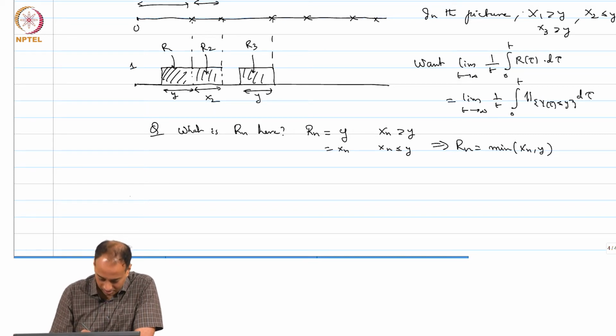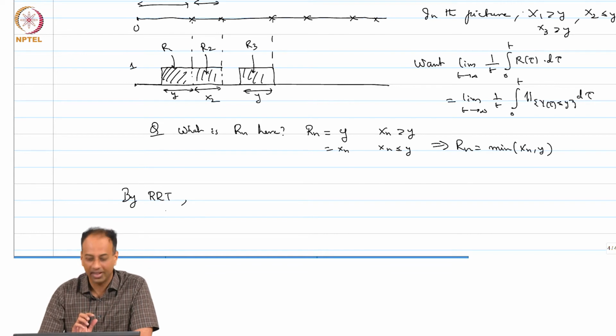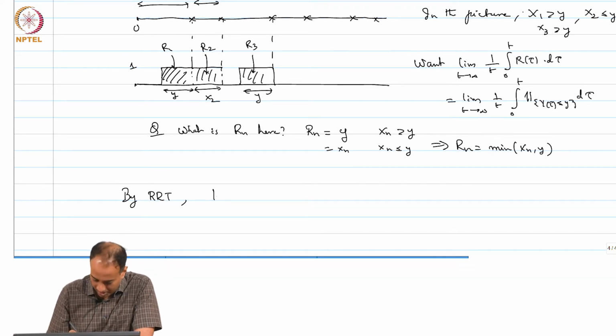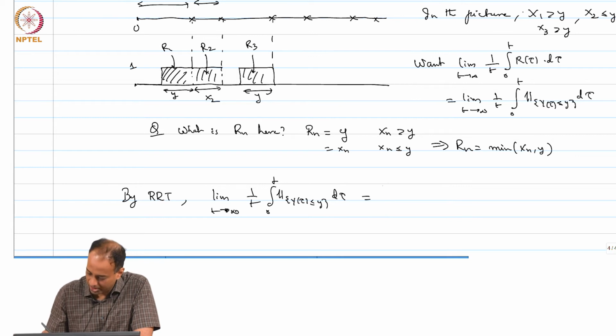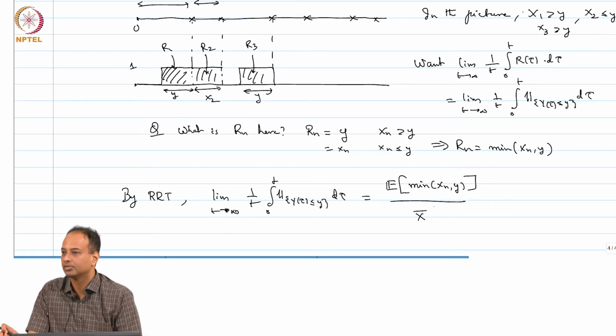So, thus by RRT, the Renewal Reward Theorem, I have the answer already. The limit as t tends to infinity of 1 over t times the integral 0 to t of the indicator of Y(tau) less than or equal to little y, d tau, is almost surely equal to the expected min of x n comma y, over x bar.